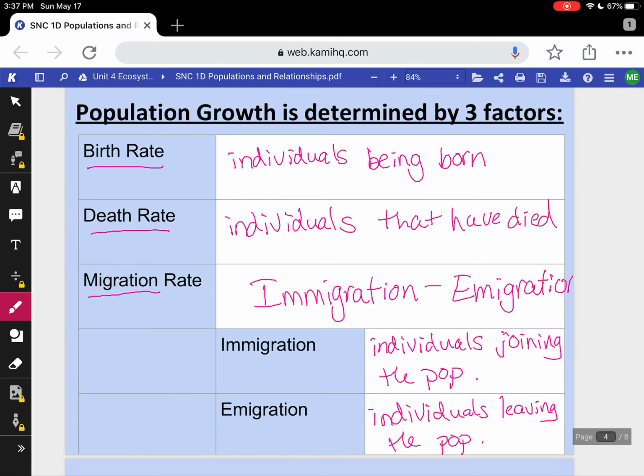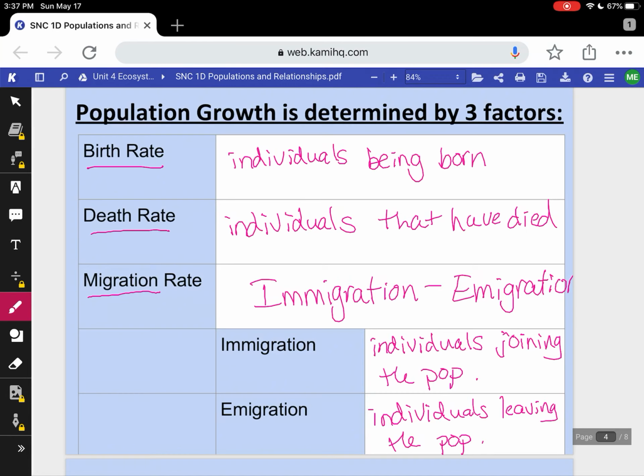So if you move to Nova Scotia, you are joining the population. So you're immigrating to Nova Scotia. You're joining the population of Nova Scotia. If you are leaving Ontario, you are emigrating from Ontario. So you are leaving the population of Ontario.